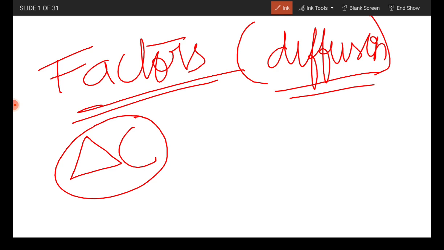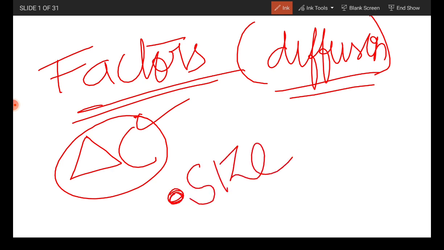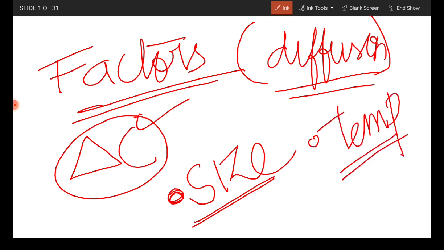The amount of solute in a solvent defines the concentration. And the size of the solute, the size of the molecules. Then temperature. These are the factors that govern diffusion.